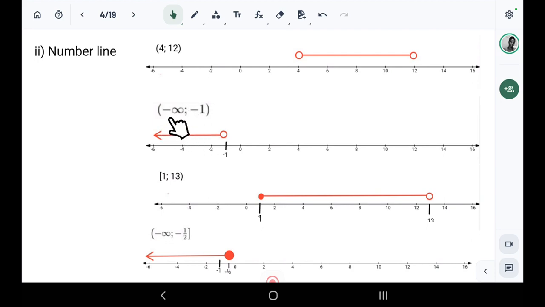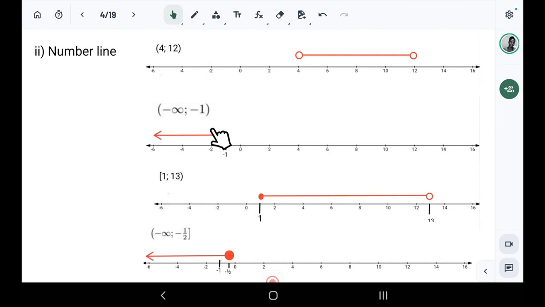The next one you represent on a number line that goes, your solution is less than -1, but not including -1. So what you do is you put a hollow circle on top of -1 and a solid arrow pointing to the left, because that's where negative infinity hits.